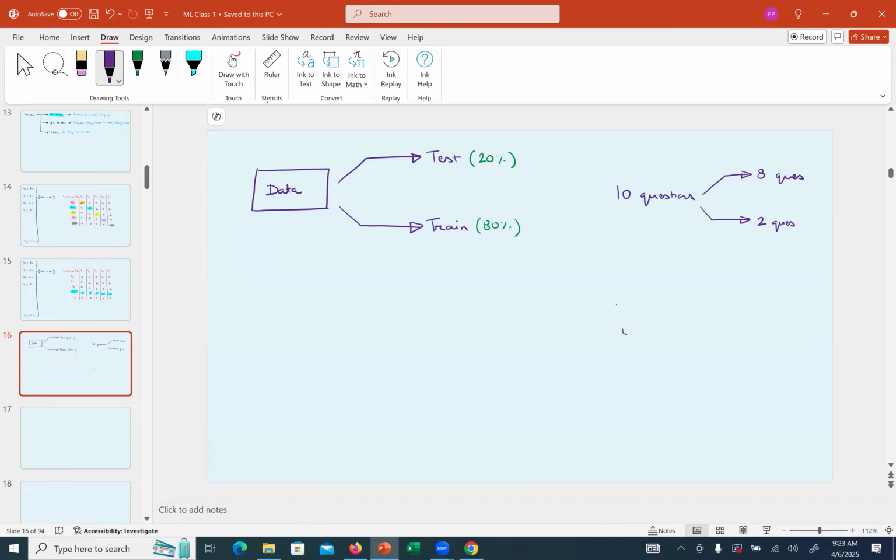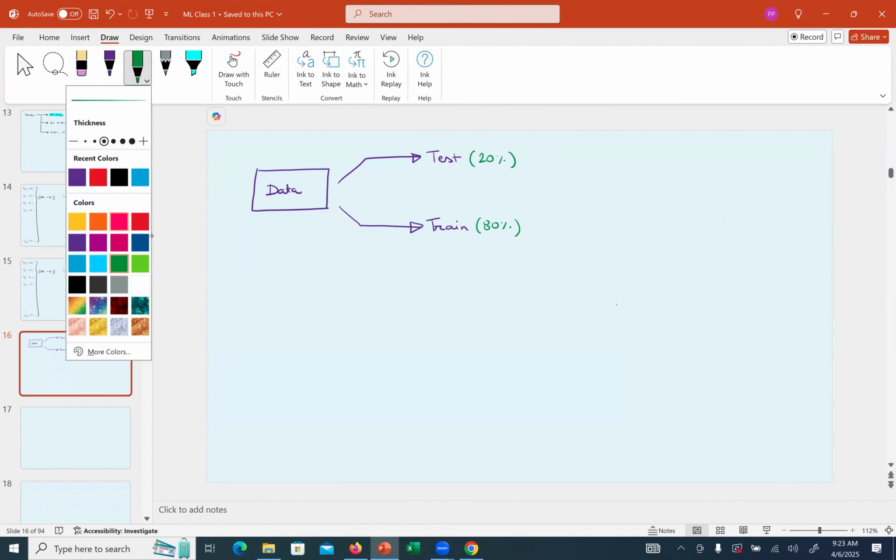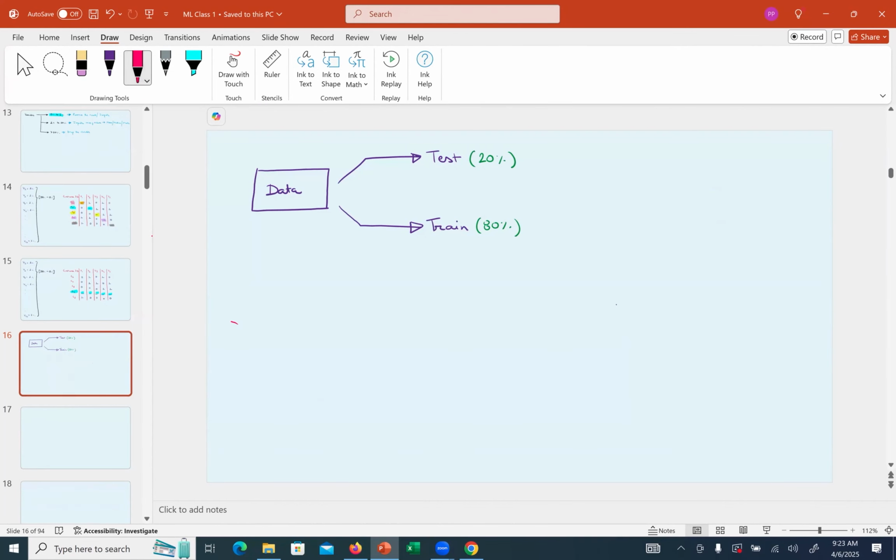The same thing is happening in machine learning as well. What we do is, I have my data, I will divide it into test and train, which is 80% of the data for training.